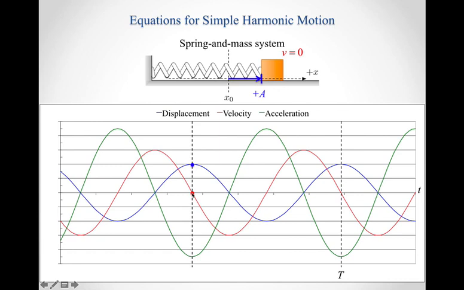Sure enough, my red curve is crossing the axis, so its value is 0. And then the acceleration is at its maximum, but it's pointing in the negative direction. So I have a displacement at its maximum positive value, and at the same time an acceleration at its maximum negative value.